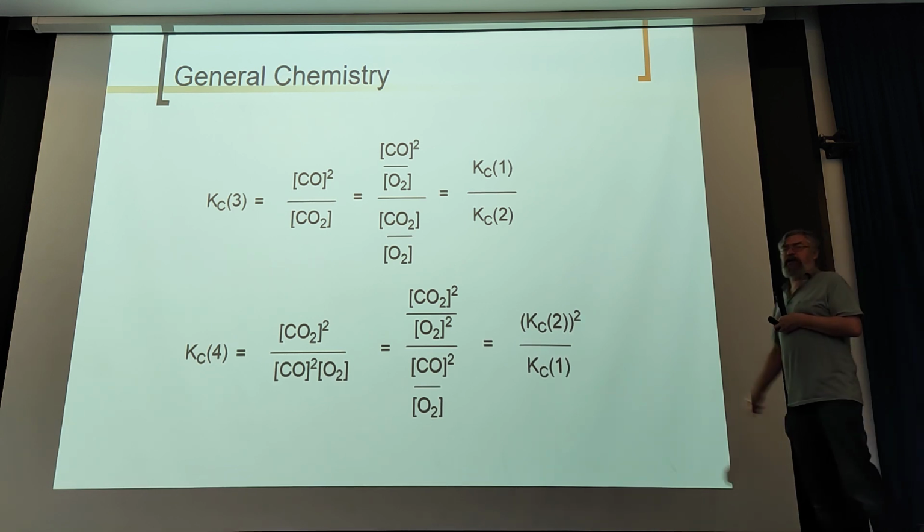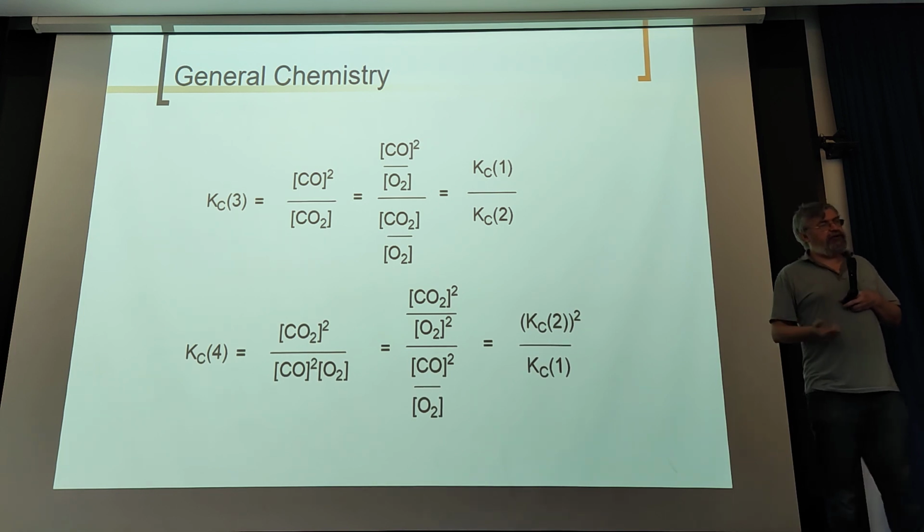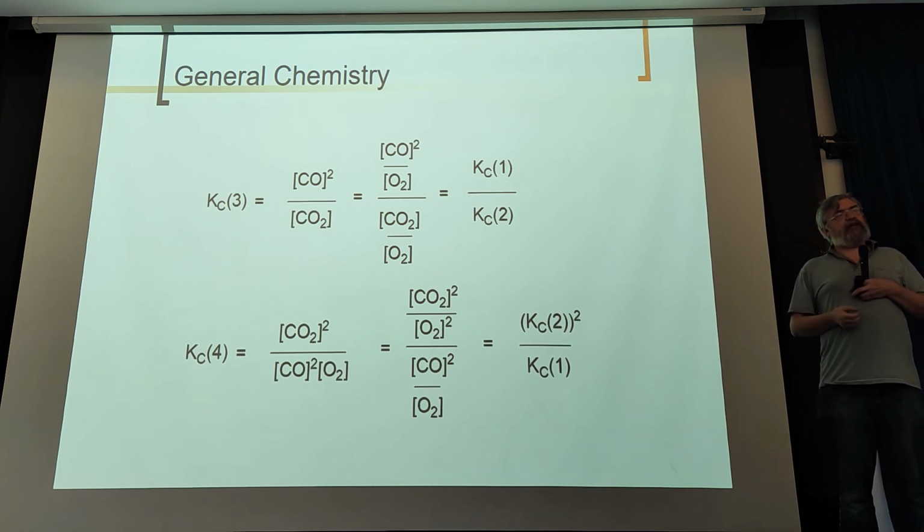Then you can see we actually can make 2 new equilibrium constants, K1 and K2, in concentration terms. And you can see this agrees with the fact that reaction 1 minus reaction 2 is the third reaction.